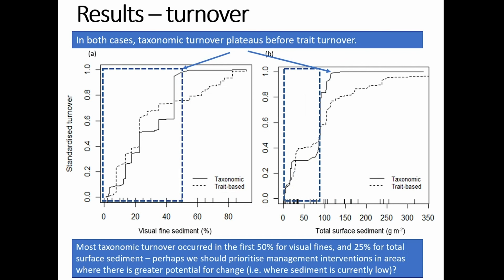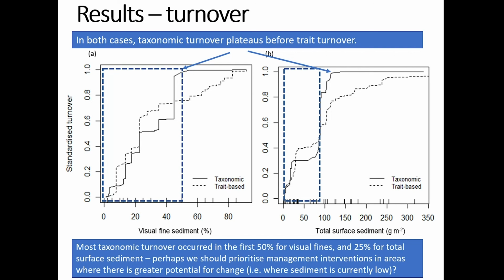I also looked at gradient forest analysis. Now, this looks at taxonomic or trait-based turnover across your pressure gradient. And what I found is that taxonomic turnover plateaus before trait turnover across the pressure gradient. So despite the functional indices not really explaining anything to do with fine sediment in my previous figure, you can see that they do provide more information than using taxonomic metrics alone.